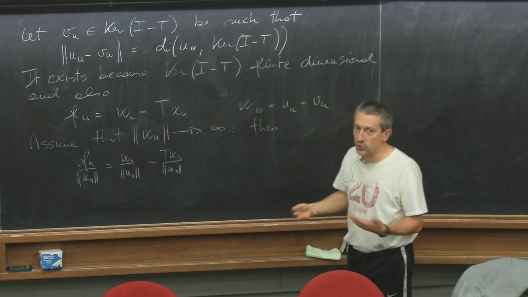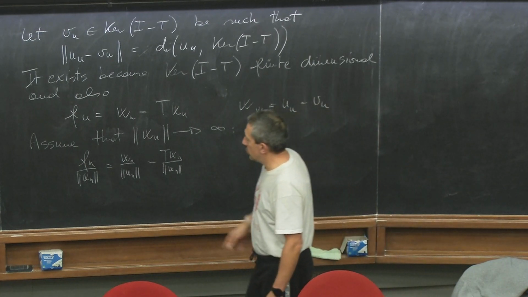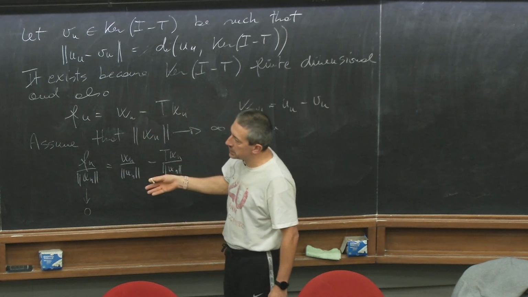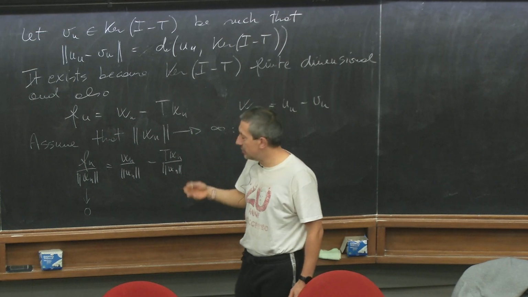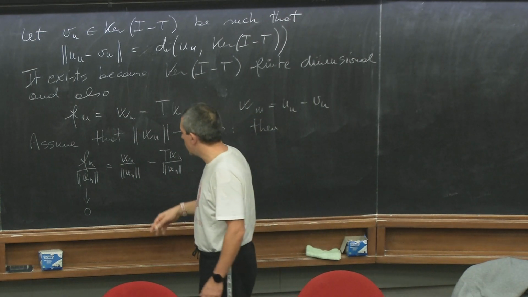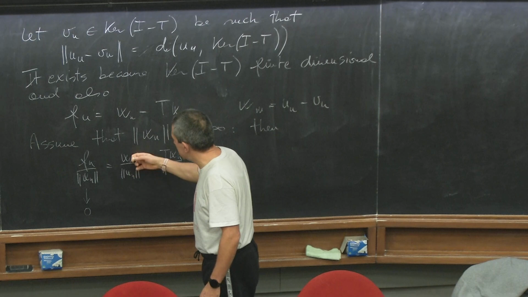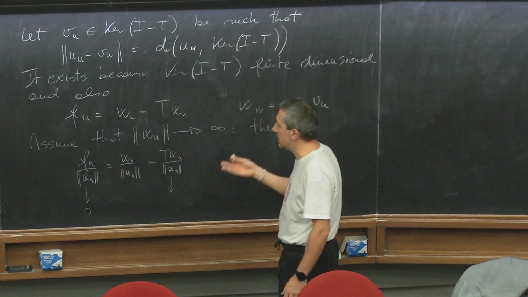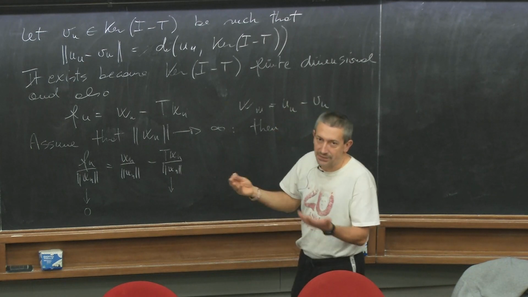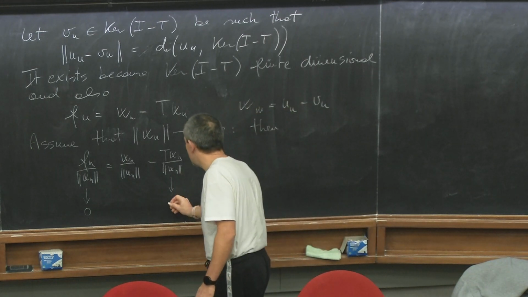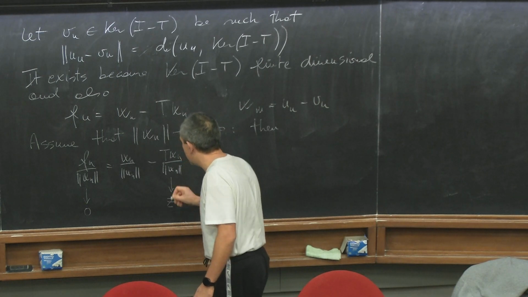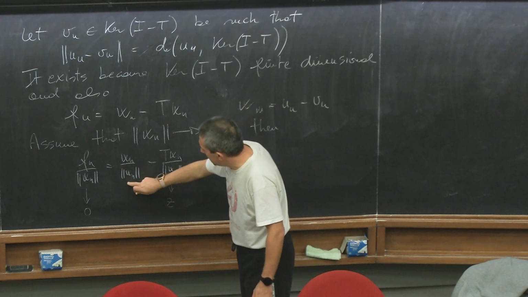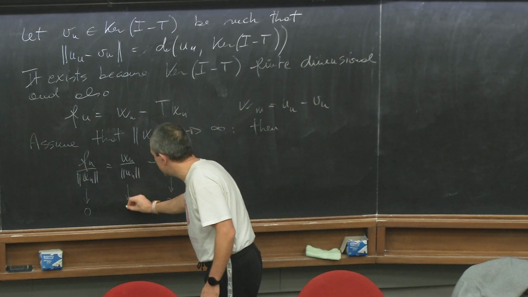So we pass to the limit. This guy converges to 0 because Fn, being convergent, is bounded uniformly. On the other hand, this guy, up to subsequences, converges to some vector, so let's call the limit Z, because T is compact. And then I deduce that this guy converges to Z.